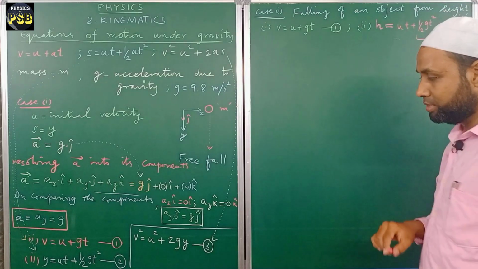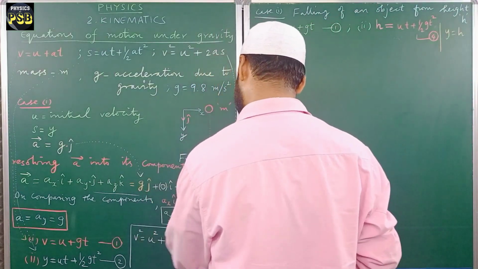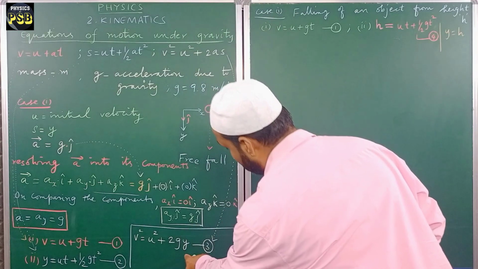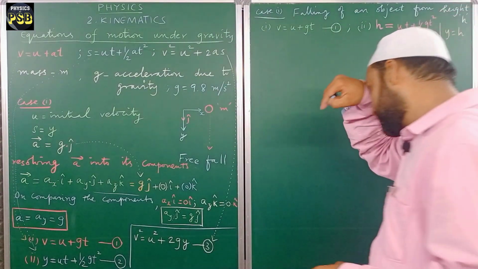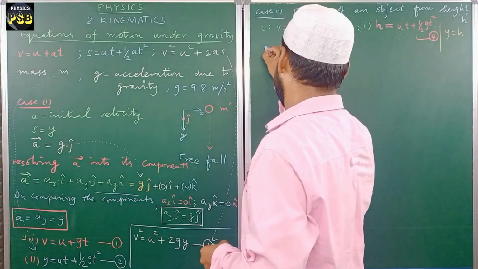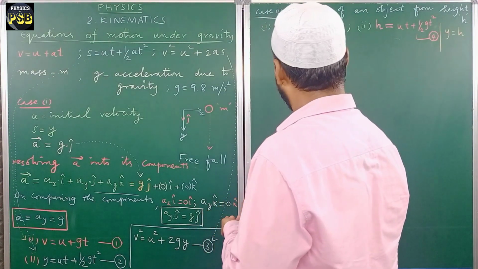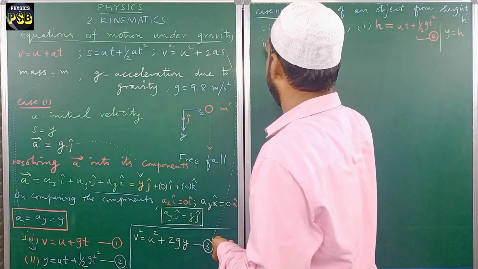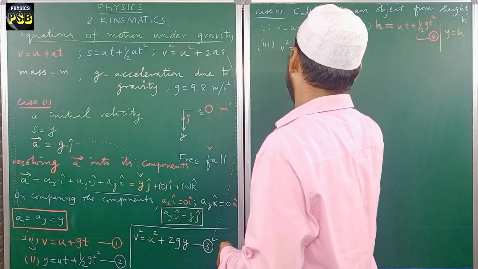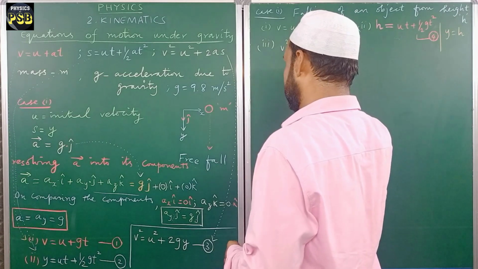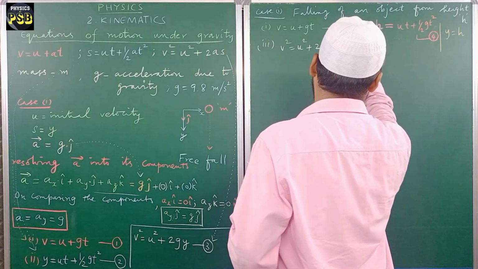Now for convenience, next we have y, which I am going to replace with h. That's the third equation of motion: v square is equal to u square plus 2gh. Let's take that as equation number 5.